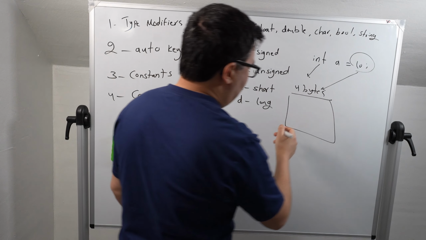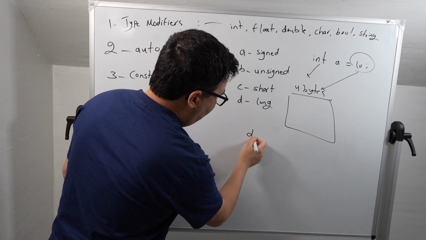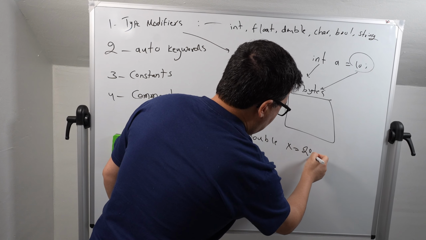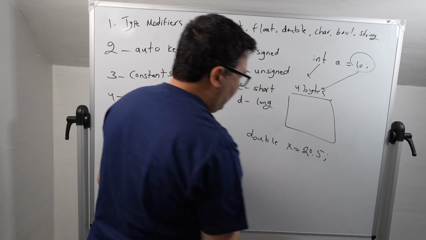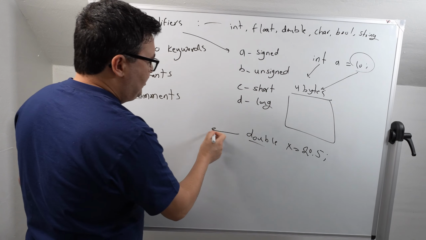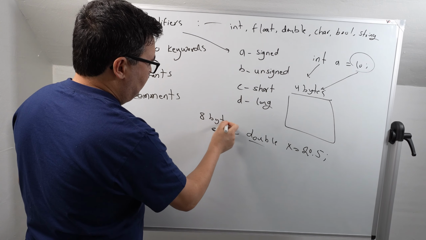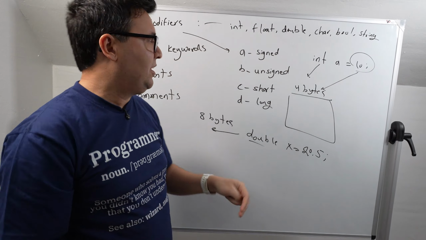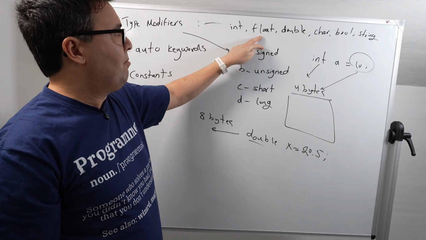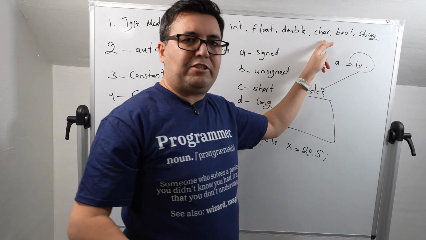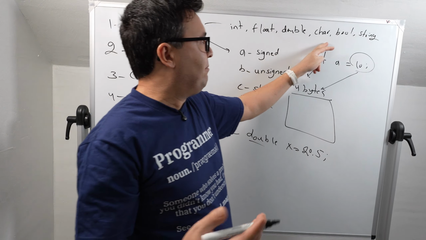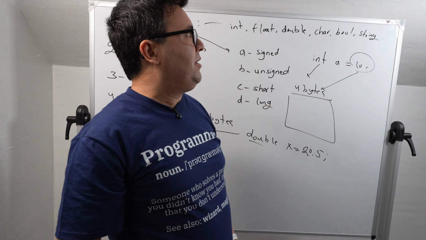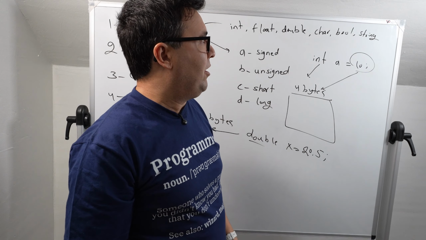If we define double x equal to 20.5, the size of double is 8 bytes in C++. When we define a float, the size of a float variable is 4 bytes. When we define a char, the size of a char variable is 1 byte. When we define a bool, the size of the data type is 1 byte.